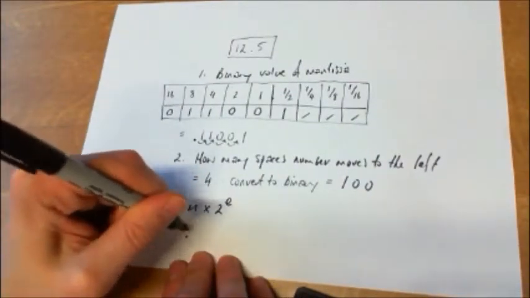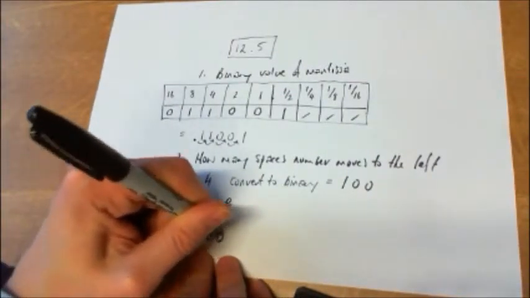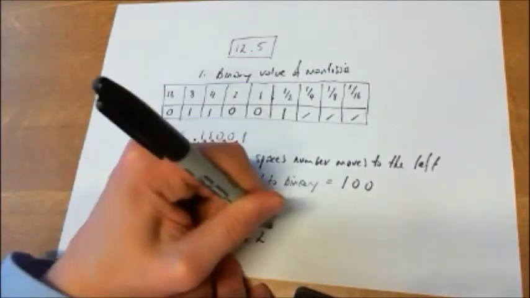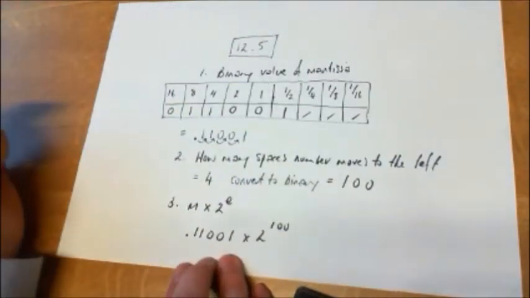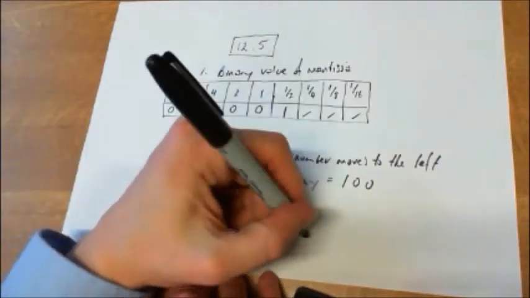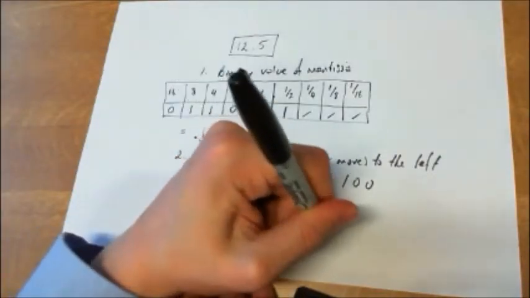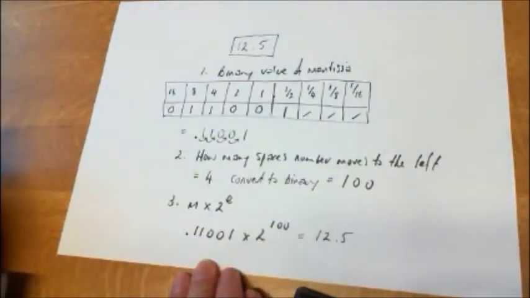So our mantissa is 0.11001 times 2 to the power of 100. And that is how we represent 12.5 using floating point representation.